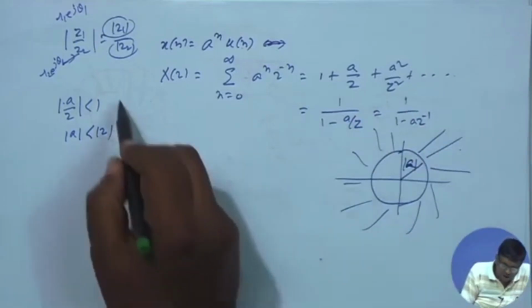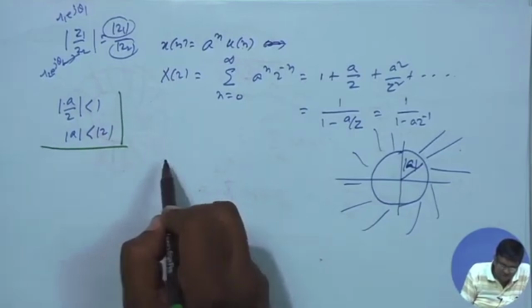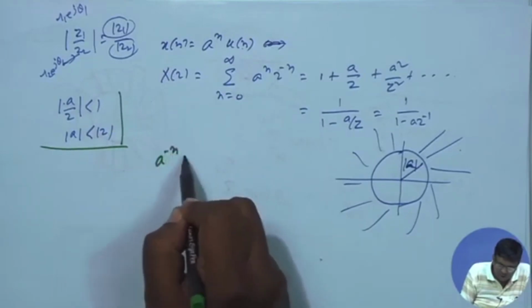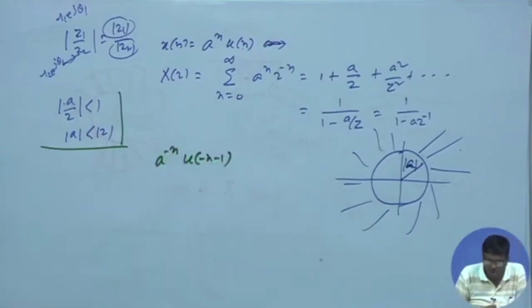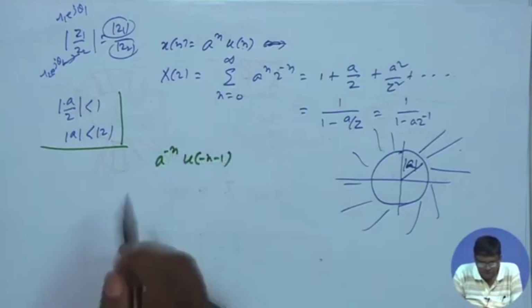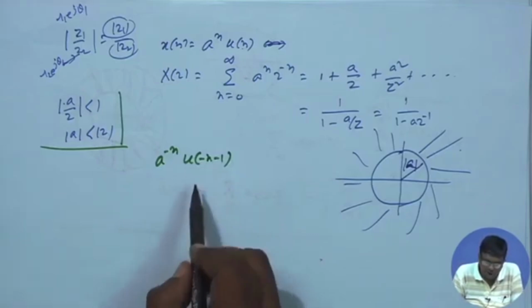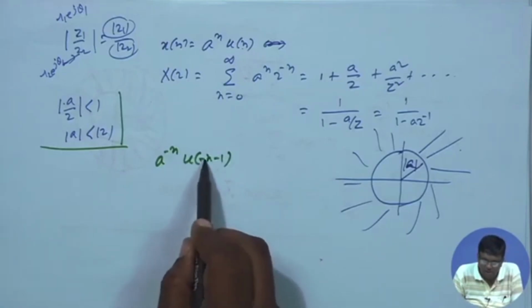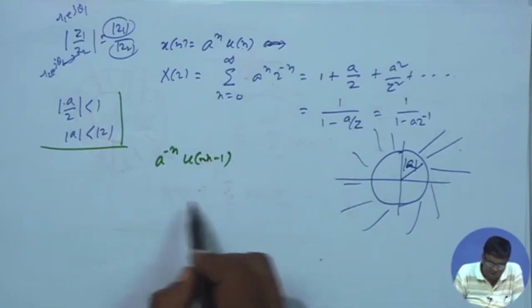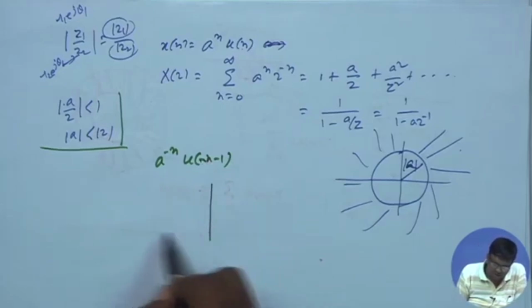I consider a different sequence now, a to the power minus n u[minus n minus 1]. What is this sequence? U[minus n minus 1]. So, at n equal to minus 1, it will be minus minus plus, so plus 1 minus 1, 0. Okay. So, the sequence is like this.